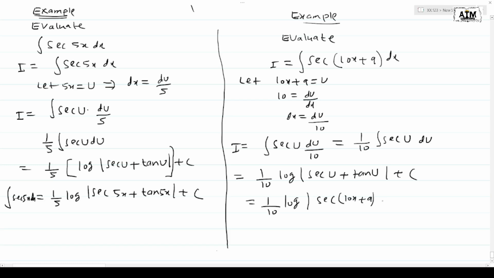Putting it back, 1 upon 10 log sec of 10x plus 9 plus tan of 10x plus 9 plus c. Therefore, the integration of sec of 10x plus 9 with respect to x equals 1 upon 10 log of modulus sec of 10x plus 9 plus tan of 10x plus 9 plus c.